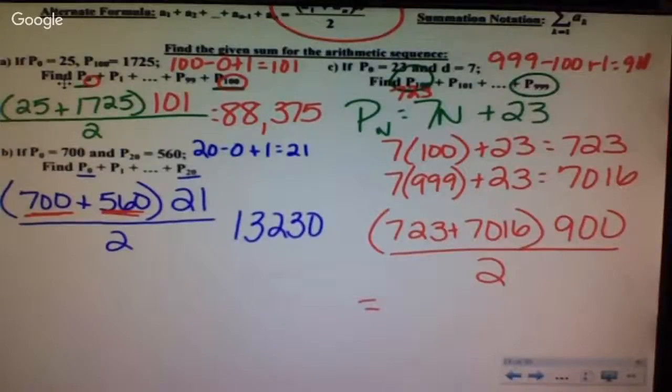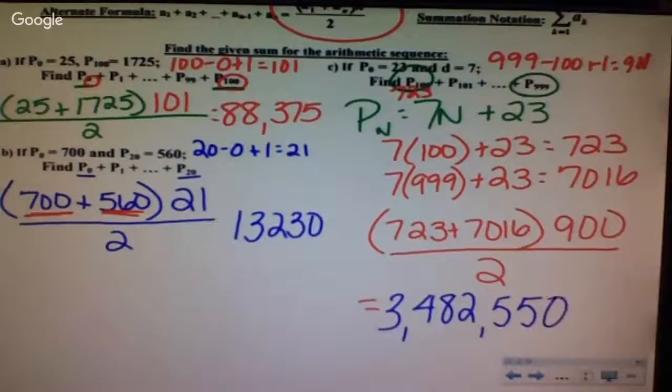I don't know how to say that number. 3,157,923. Is that right? Thank you, James. Okay, so 900. James got 3,482,550.